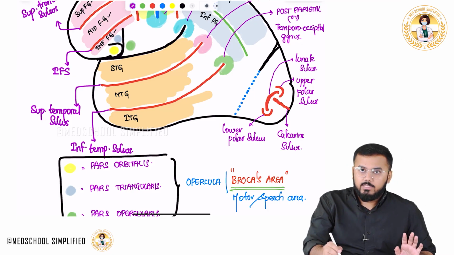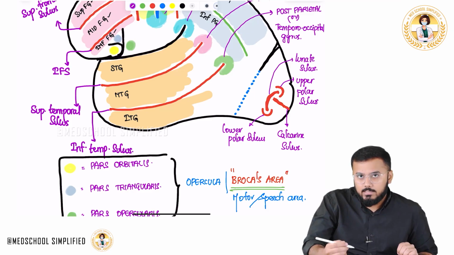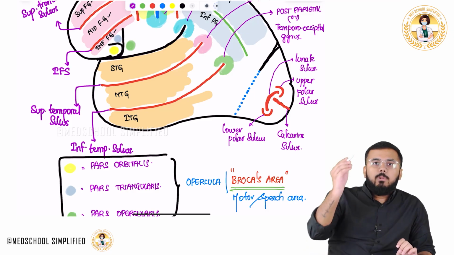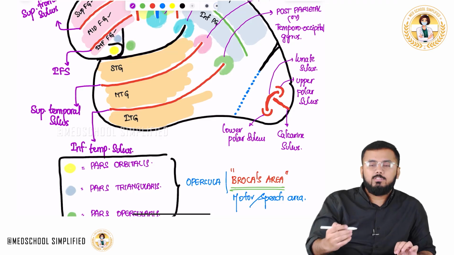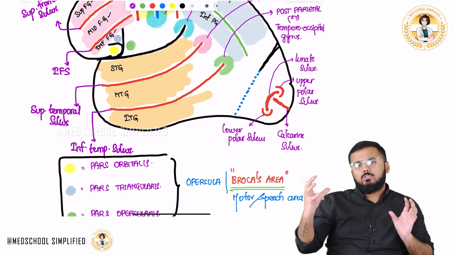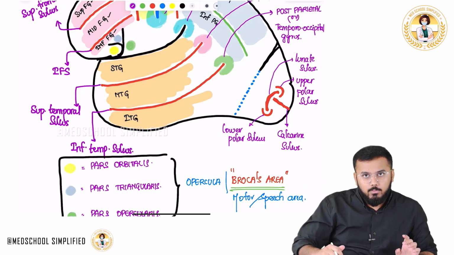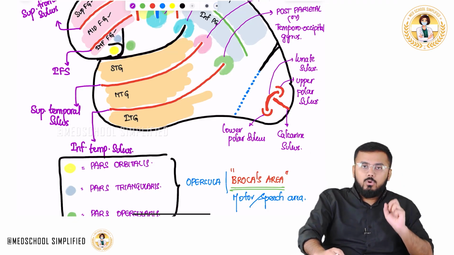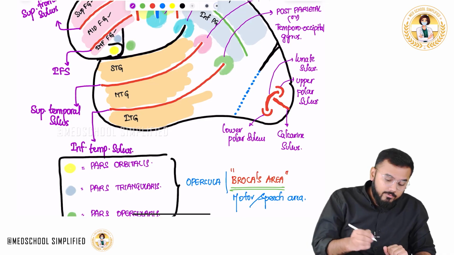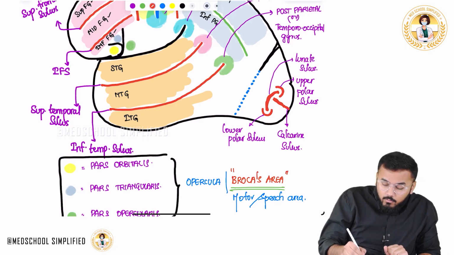So what did we discuss? One is the calcarine sulcus. Above it, the half moon shaped one is the lunate sulcus. The two ends of the lunate sulcus are protected by two caps: on top the upper polar sulcus, and the lower part the lower polar sulcus. Finally, here you have one more sulcus which is transverse.